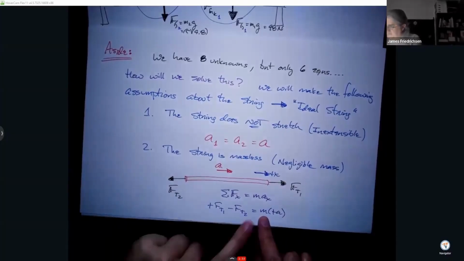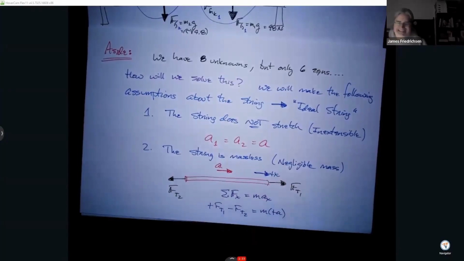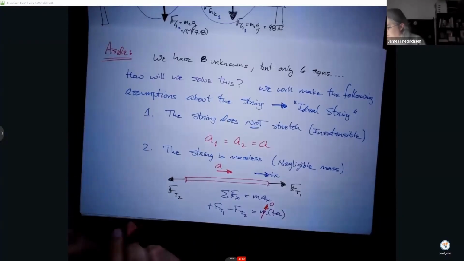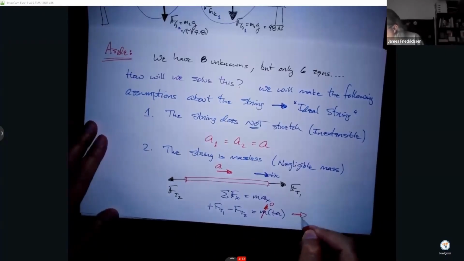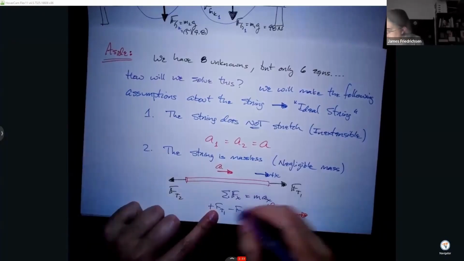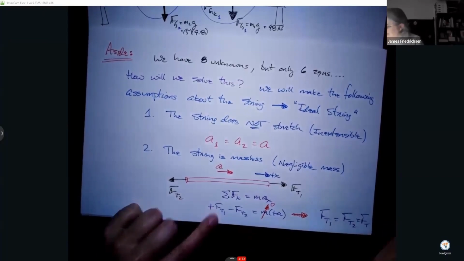So if there is a mass, then tension 1 has to be greater than tension 2. But if we can neglect the mass, we say this is negligible or that it's 0, then the implication is that the magnitude of tension 1 equals the magnitude of tension 2. We just call it Ft.